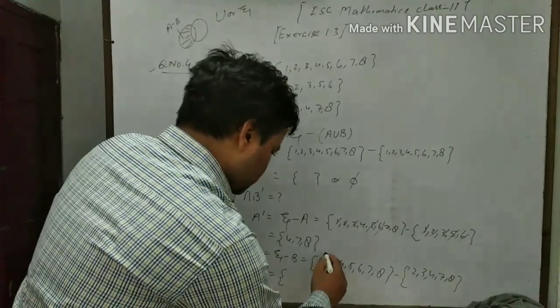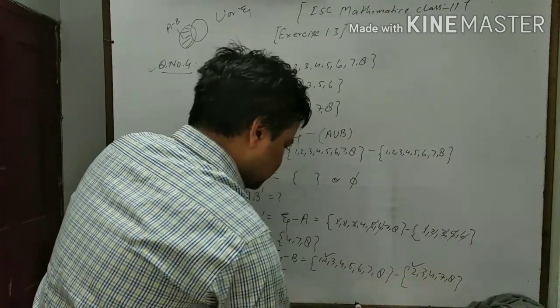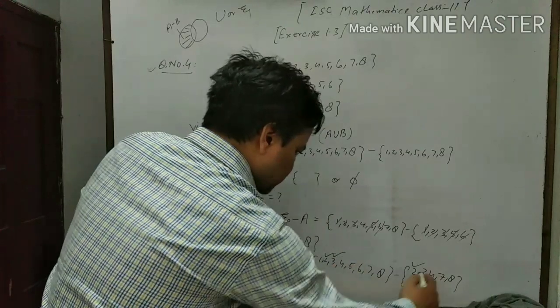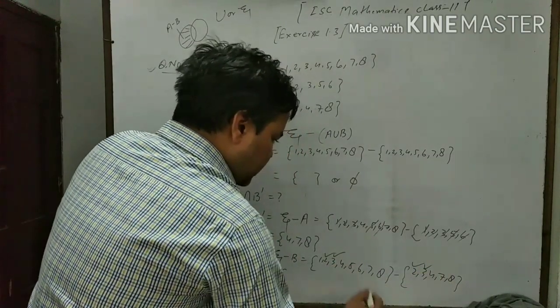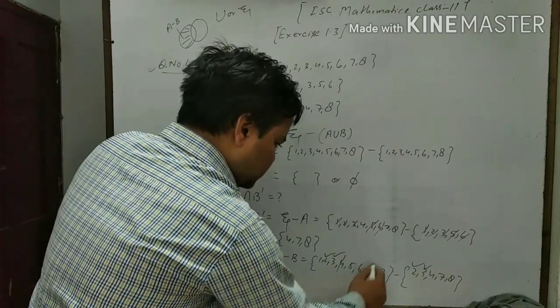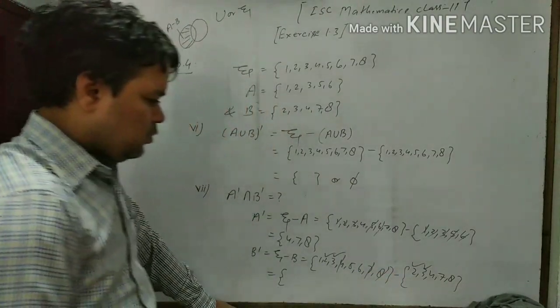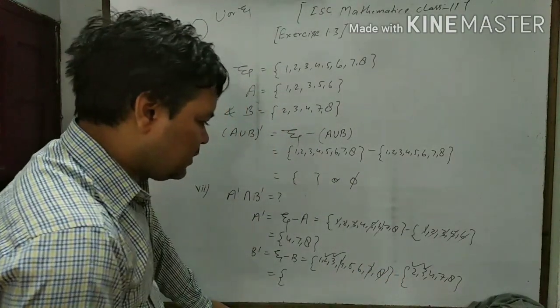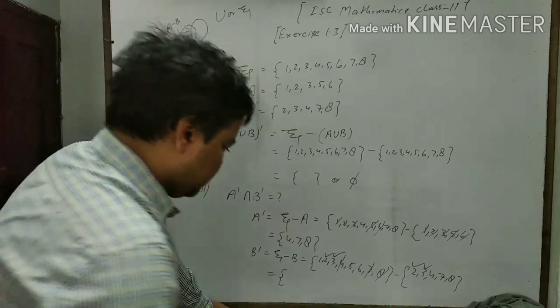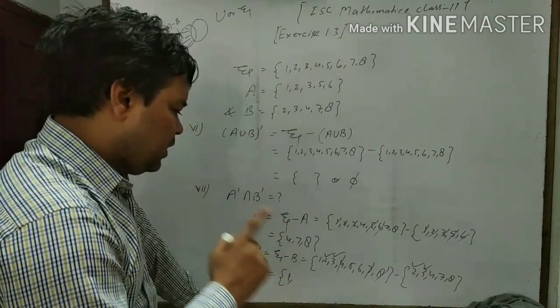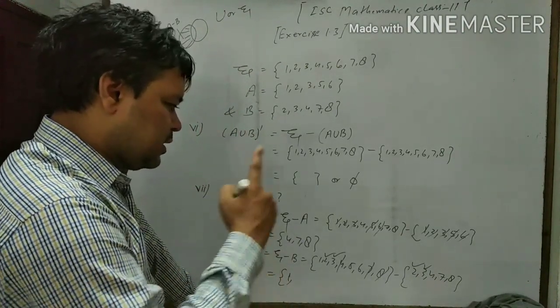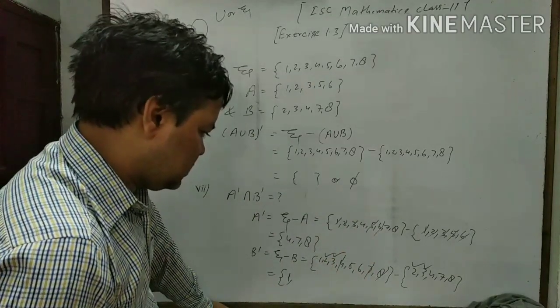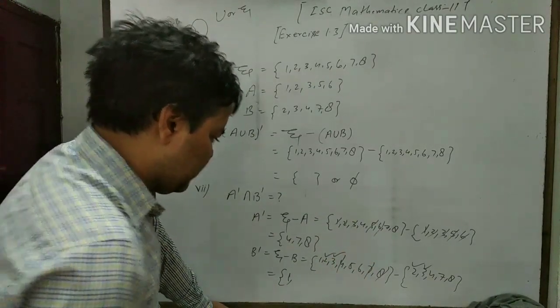We cannot write 2 because 2 is in both places. We cannot write 3, 4, 7 and 8 either. Then what is the element which is not in B? That is 1. 1 is in the universal set but not in set B. After that 5.